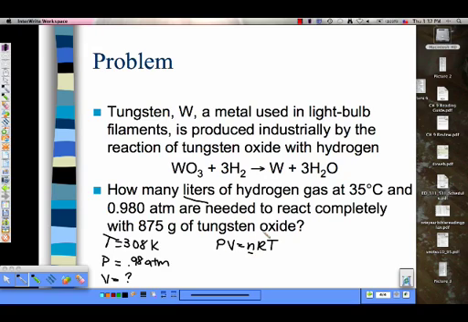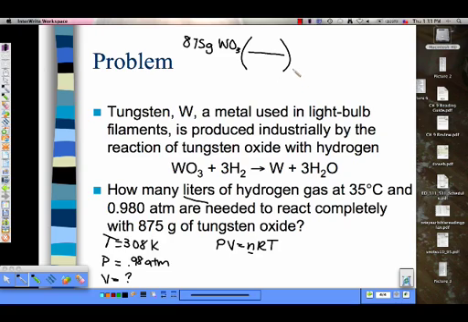And since tungsten oxide is not a gas, we can't use just the stoichiometry of gases. What we're going to have to do is change grams of tungsten oxide into moles of hydrogen gas. So I'm going to do that up here. So we have 875 grams of tungsten oxide, WO3. Now remember our stoichiometry.